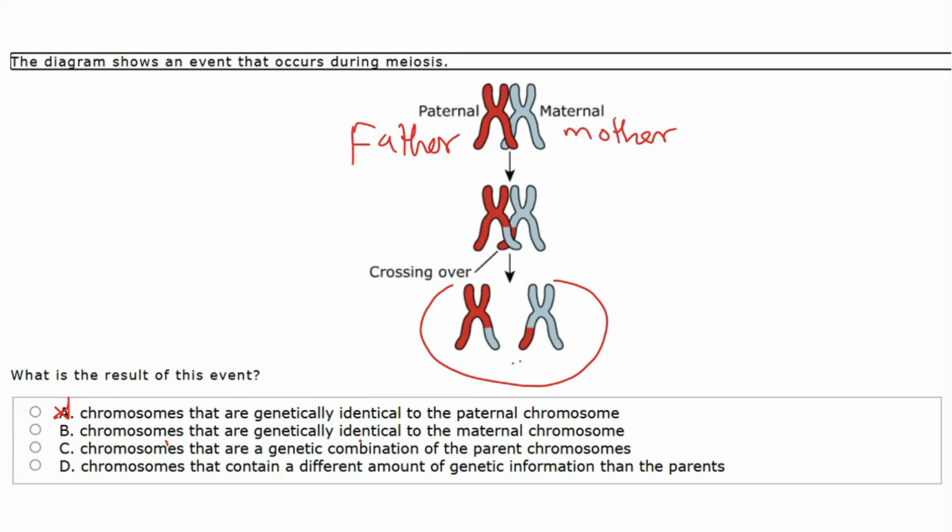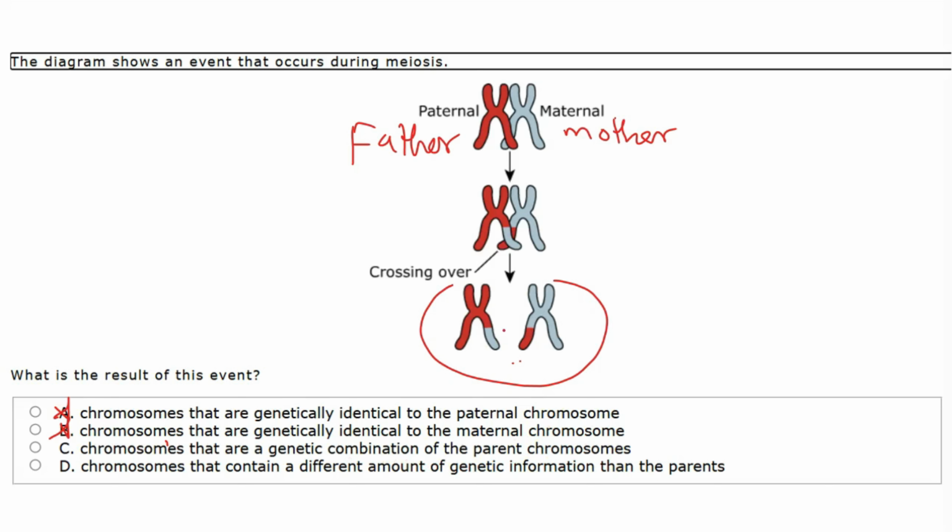Now B: chromosomes that are genetically identical to the maternal chromosome. Again, maternal means mother, and mother is gray here. So if it is mother's, both of them should be gray, but it is not like that. So that is also not correct. C: chromosomes that are a genetic combination of the parents' chromosomes. Yes, it's a combination.